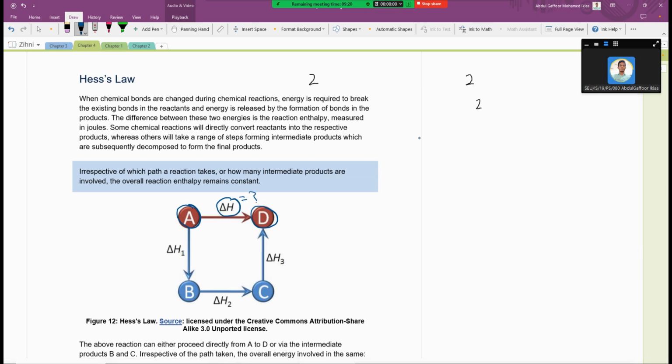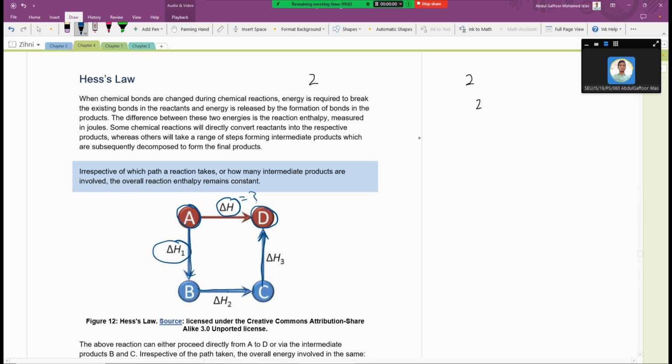Now how can you make an elementary reaction happen in multiple ways? If you add a catalyst, it will produce an alternative pathway. From A first B comes, then from B C comes, then from C D comes.